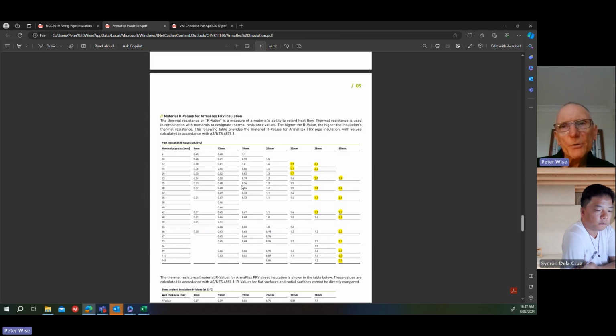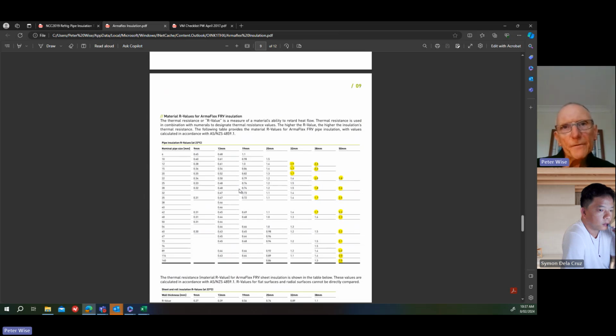Because it's in the cooling mode, the pipe is cold, and if the air around it is warm and humid, then you'll get condensation occurring on the pipe if your insulation doesn't have a vapor barrier.